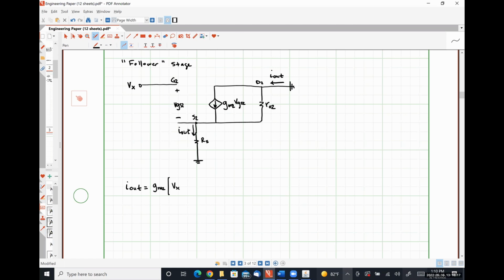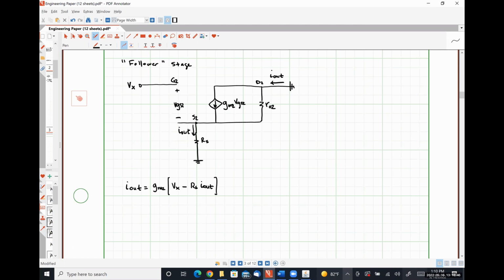The voltage at my source is I out times RS. So VGS is Vx minus RS times I out. So that's my GM VGS part.